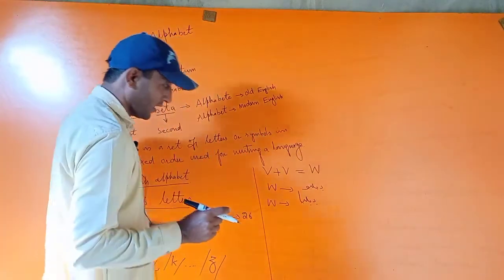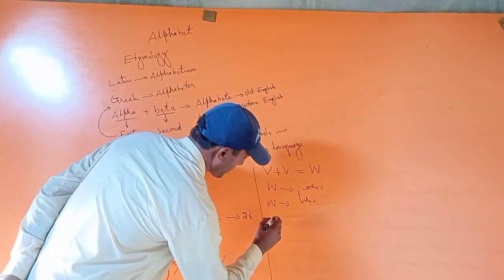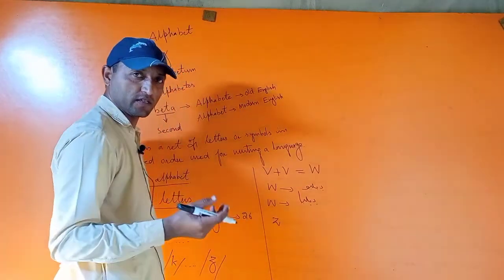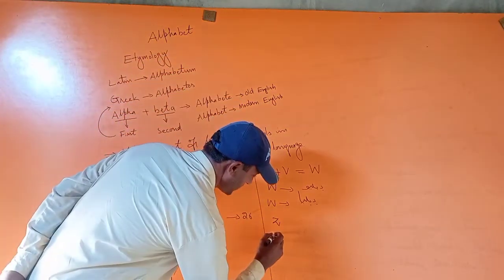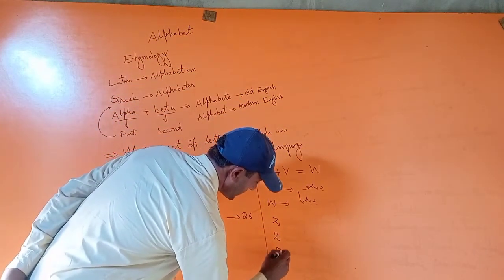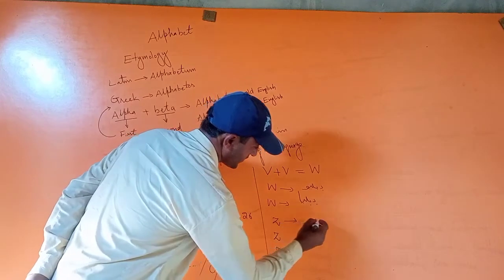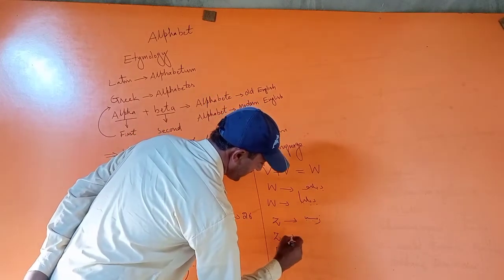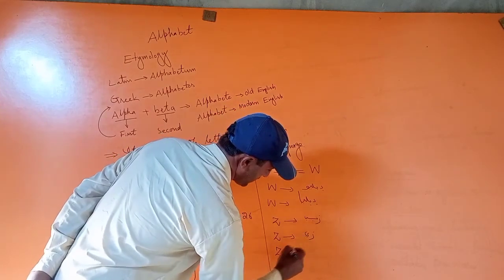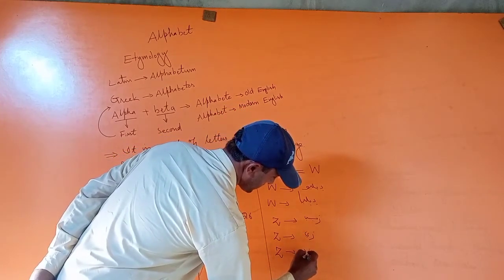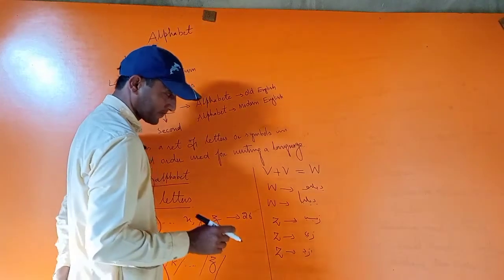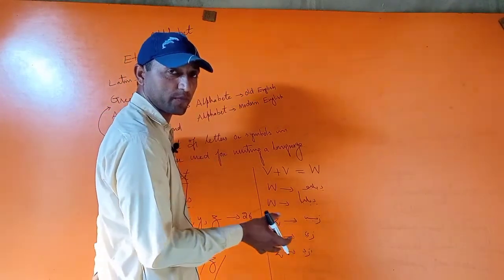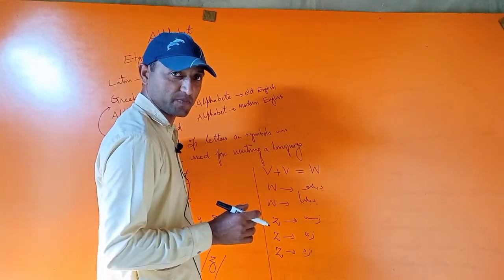The other letter is Z, and it also has three sounds. In Sindhi we have Z, and we have another Z, and another one. These are the sounds pronounced by different English speakers.